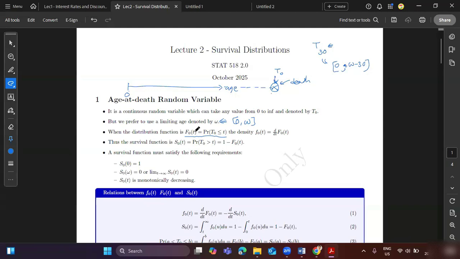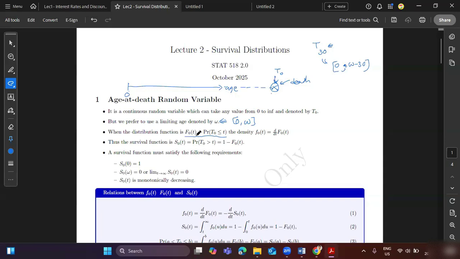Now for the cumulative distribution function, we use capital F to denote that, but we have to be specific about the starting point. Here, for a newborn baby, the age is 0. That's why we use F0t. By definition, it is the probability of T naught being less than or equal to t.